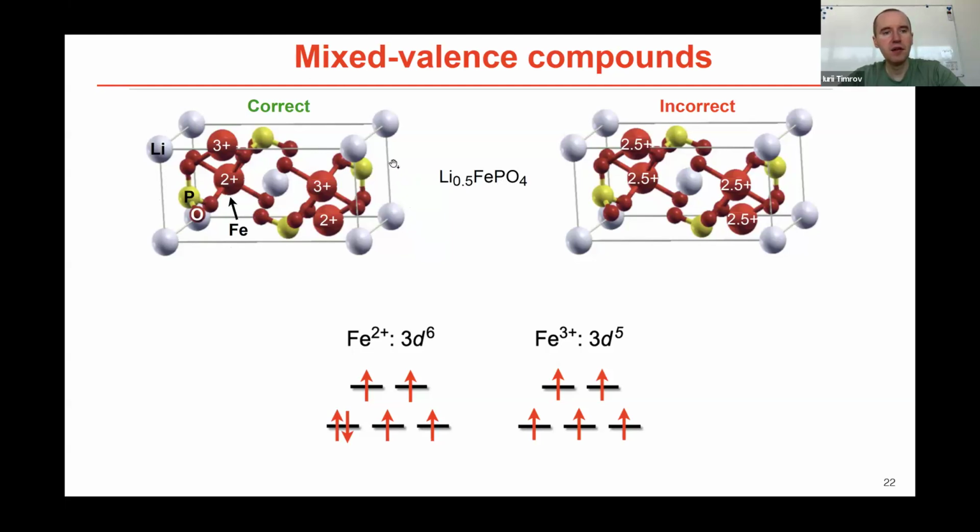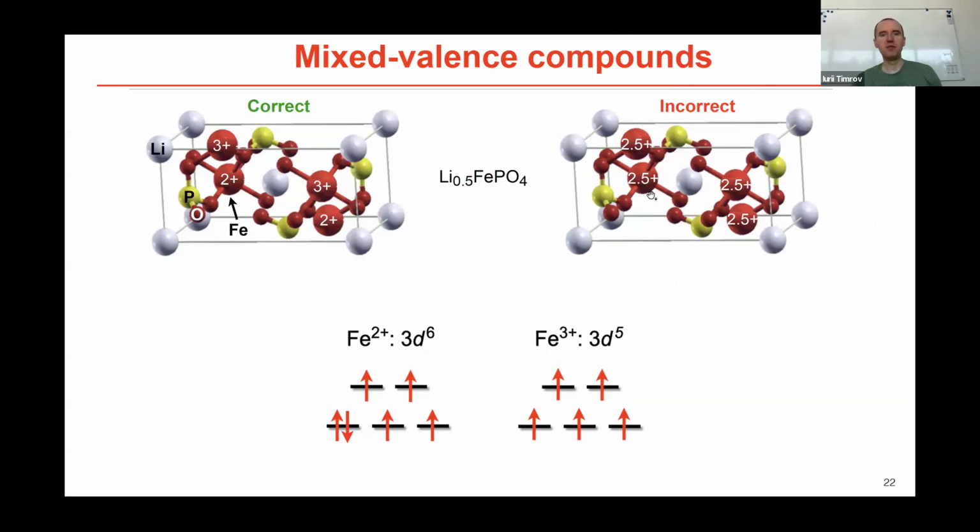And in real life, in this material, iron exists in two oxidation states, 2+ and 3+. We will talk about what those oxidation states are in a moment. But if you use approximate functionals such as LDA or GGA, you find an incorrect description of this material, because instead of finding a mixed valence case of iron 3+ and 2+, you find something on average 2.5+.